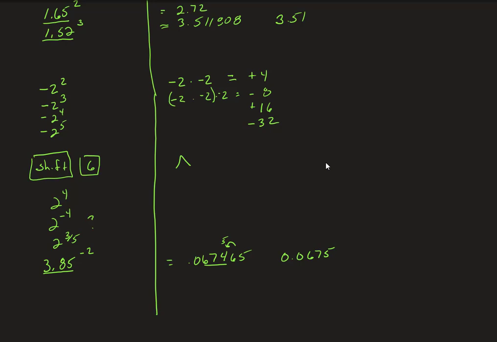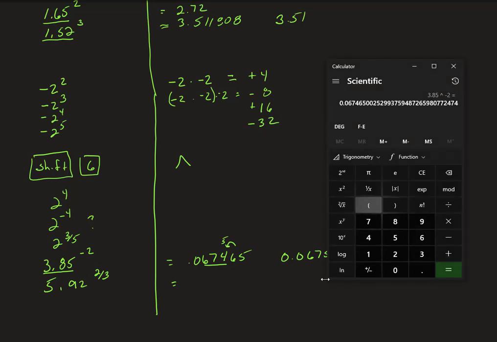Let's try 5.92 to the 2/3 power. So this is where our little parentheses are going to come in handy. I think most of your calculators will probably have those. So 5.92, I'll press the XY, parentheses, 2 divided by 3.